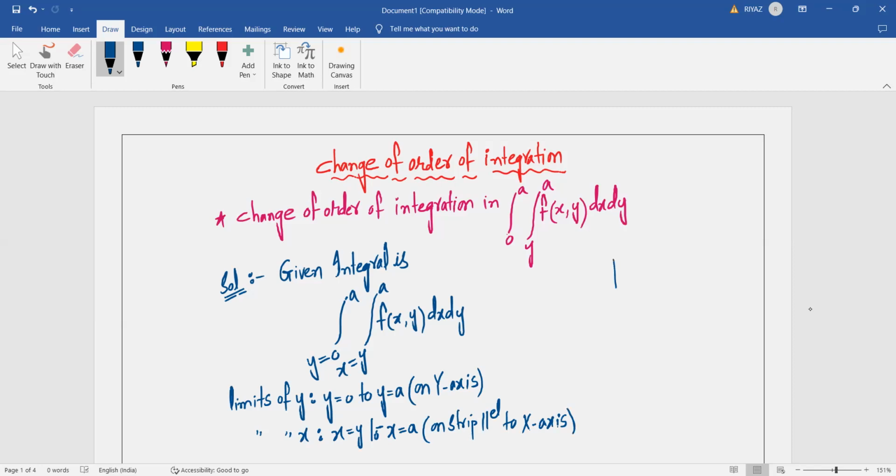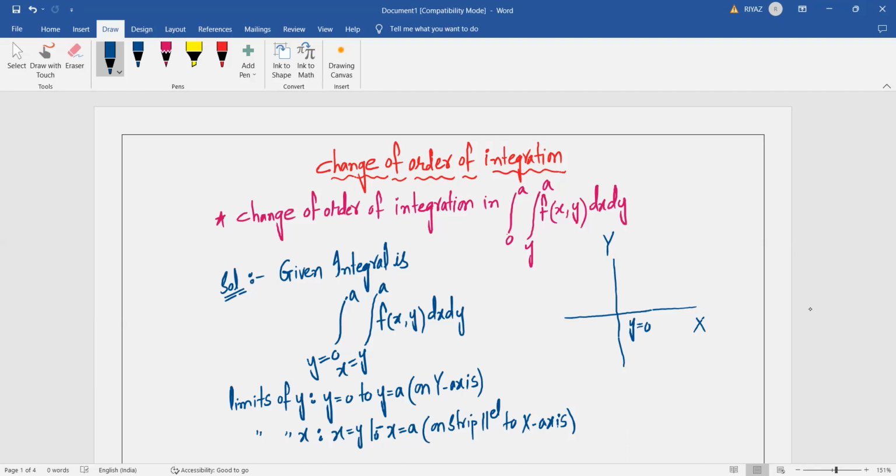This is the coordinate axes we are taking. As I told you, I am not very perfect at drawing figures, but I am trying. This is the x-axis, this is the y-axis. Now this is the line y is equal to 0.